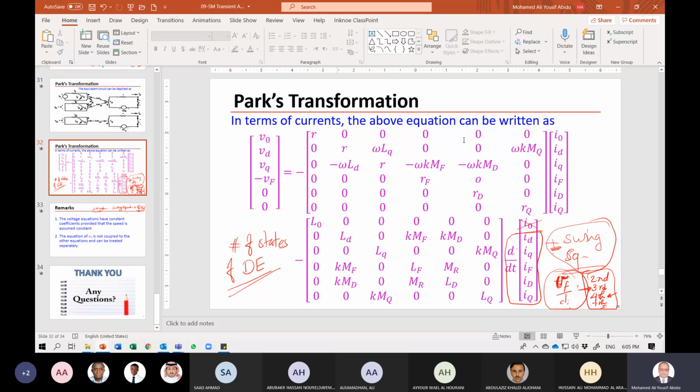There is no coupling with any other current, and also L0 di/dt, all these coefficients are zero. It is like a separate circuit. And if we have, as we mentioned, balanced, so this becomes zero.